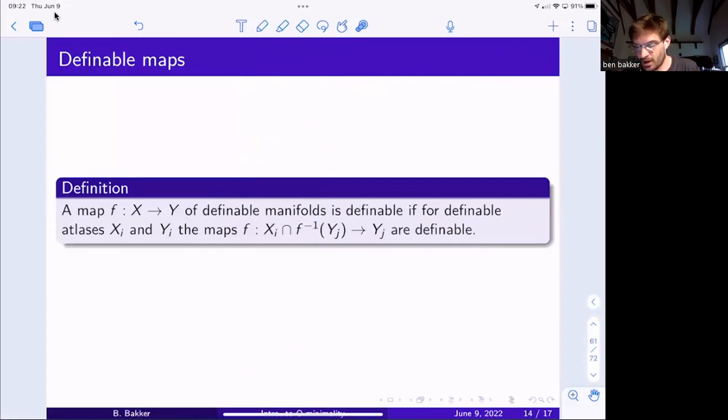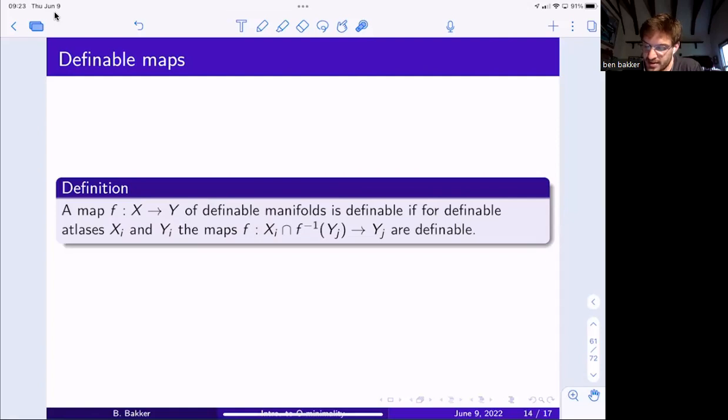And again, there's no surprises in this definition. If I have two definable manifolds, X and Y, and I have some map between them, then we say it's definable if, once I take some definable atlases of X and Y, all the maps on charts are definable.